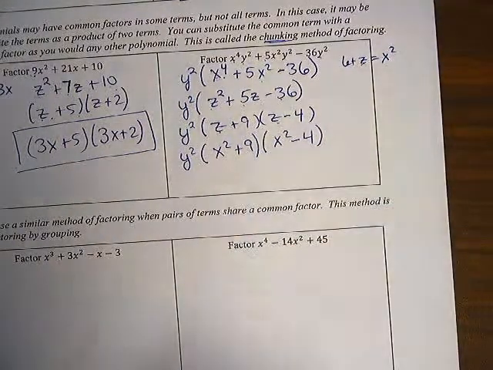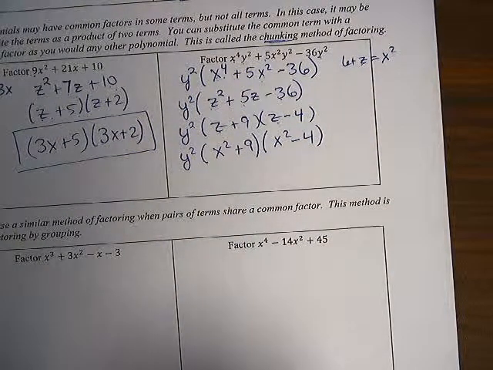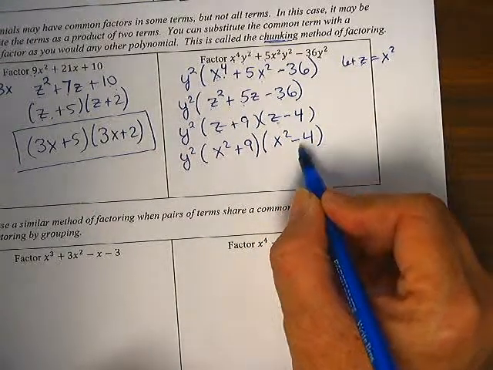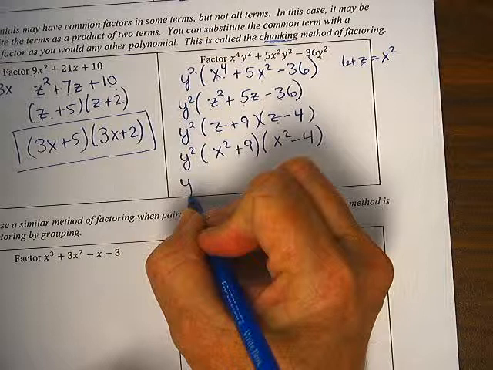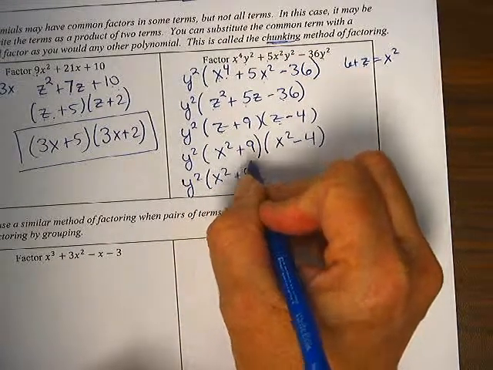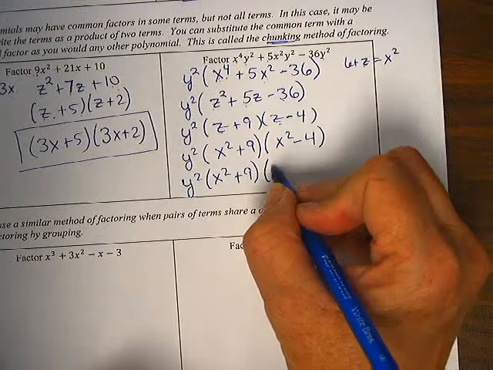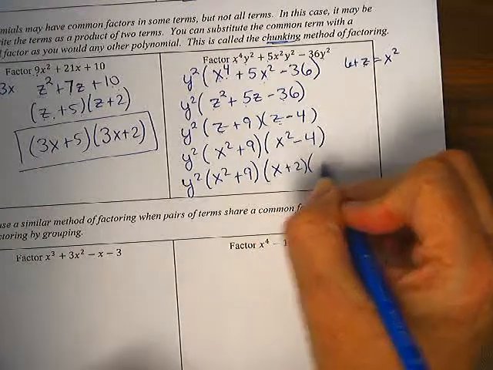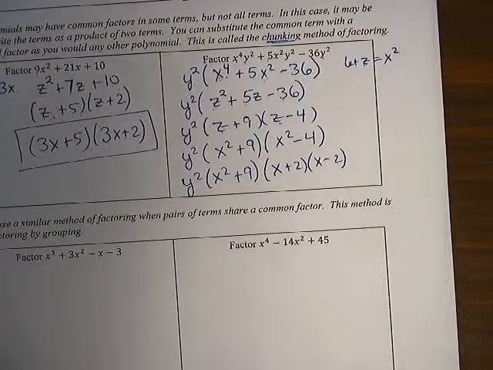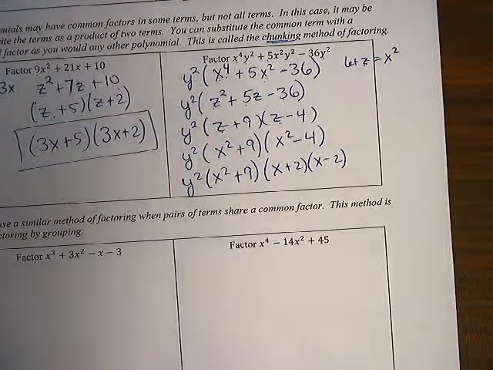X squared plus 9, there's nothing we can factor there. X squared minus 4, sure, that's a difference of 2 squares. So we have y squared, x squared plus 9, and then x plus 2, x minus 2. That would be what I would consider fully factored.